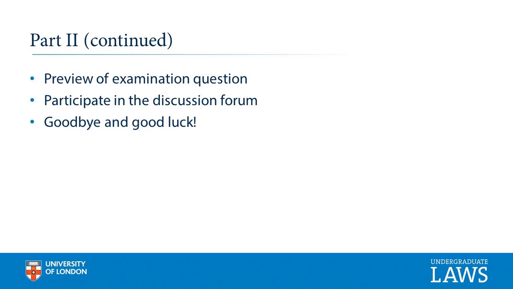Hopefully you have read the question and you have identified some of the issues which must be addressed. Let's think about how to answer the question using the structure that was mentioned above. First, identify the issue between the parties.